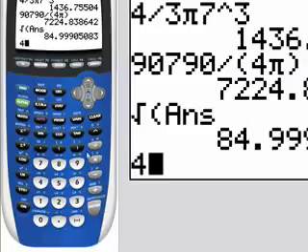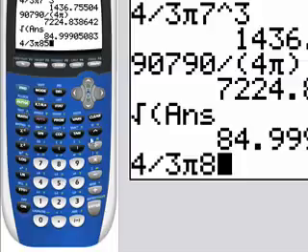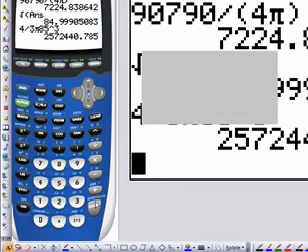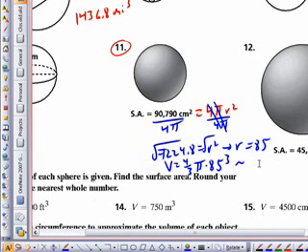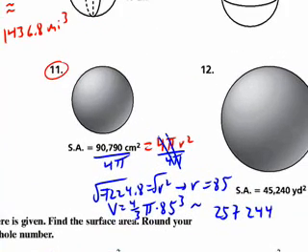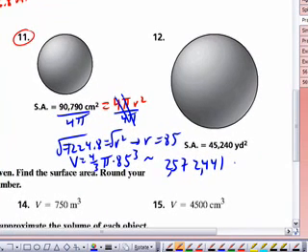So 4 divided by 3 pi, and then 85 cubed. So 2,572,457141. And this would be in centimeters cubed. We did have an area, but now we have a volume, so it's centimeters cubed.